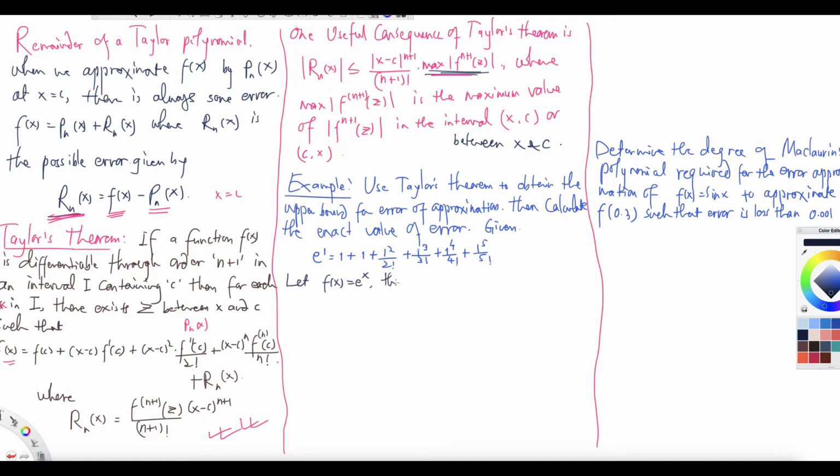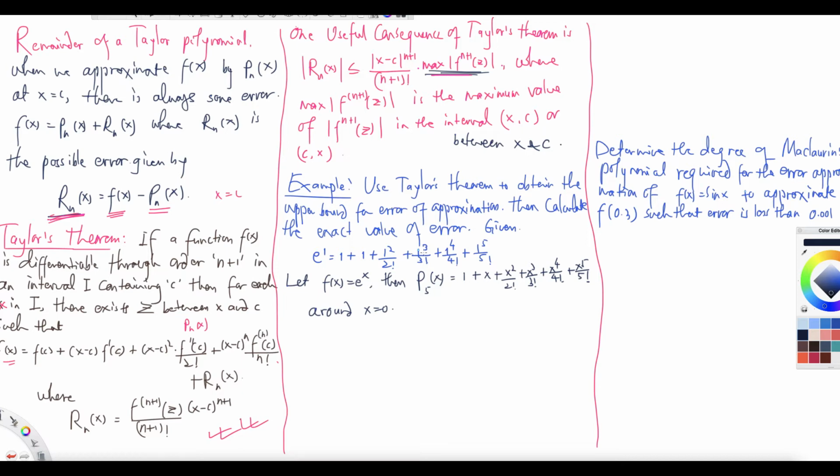P5 of x equals 1 plus x plus x squared over 2 factorial plus x cubed over 3 factorial plus x to the 4 over 4 factorial plus x to the 5 over 5 factorial. This is around x equals 0.